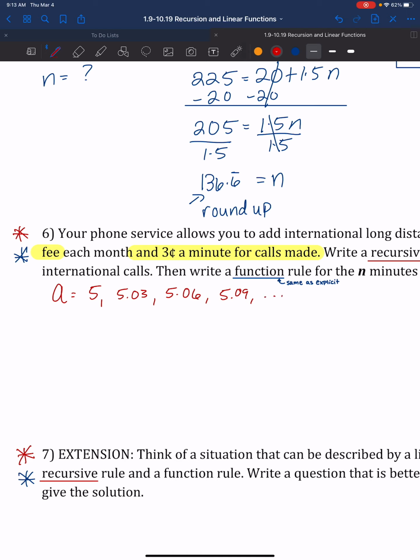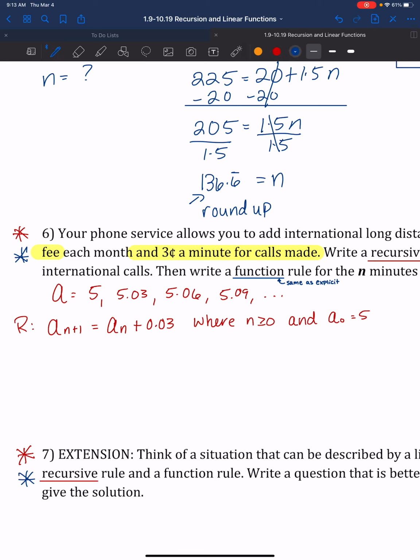So for the recursive rule, I'm just going to put R for recursive. I'm going to have A sub n plus 1, so the current or the future terms is equal to the current term plus 3 cents. Now n has to be greater than or equal to 0, and our starting amount, A sub 0, is equal to $5, right?